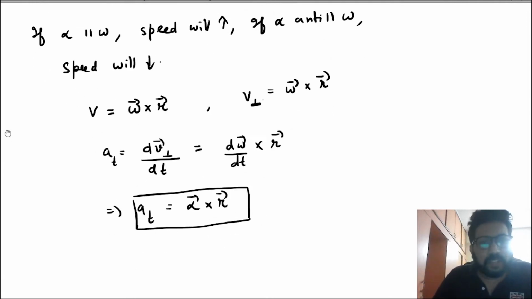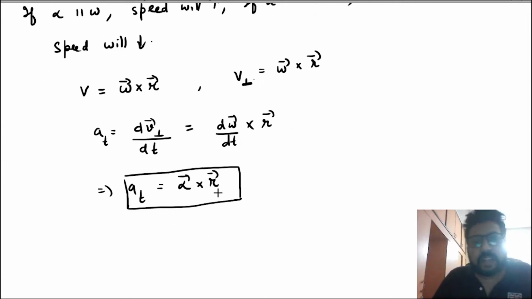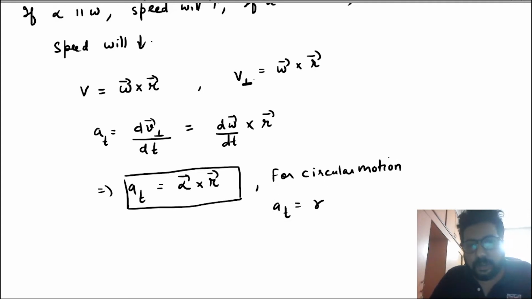For circular motion, alpha and r are perpendicular to each other, so a tangential is equal to r alpha. This is in vector form and this is for magnitude.